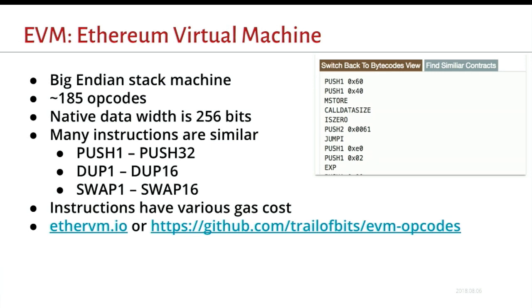So there's a unique opcode for push 1 byte onto the stack, push 5 bytes on the stack, and so on. Each of these instructions has a gas cost to prevent infinite loops on the world computer. And things like add and subtract have a much lower gas cost than storing into the permanent ledger. A good reference for more about the EVM is ethervm.io or this EVM opcodes repository I made on GitHub.